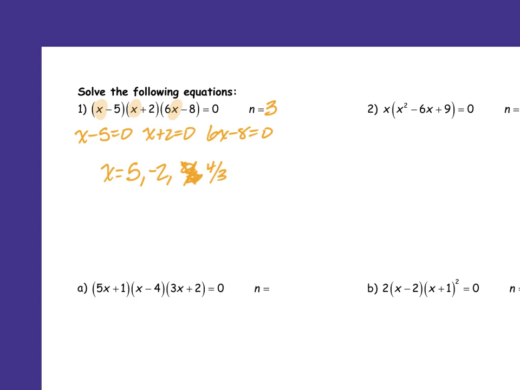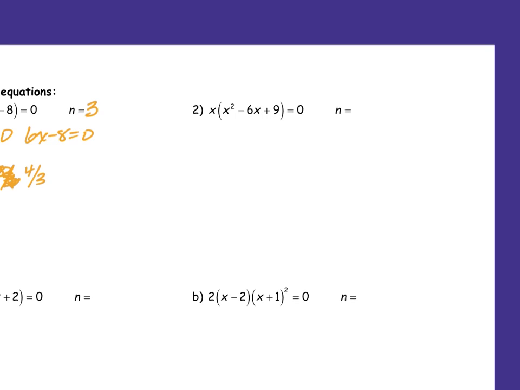Okay, and then the next one, finding n, I'm going to find my highest powers again. So I've got a first power and a second power. That means when I multiply those together, I'm going to get n cubed again. So my n is 3. Actually, I have to see if I can factor the parentheses this time.